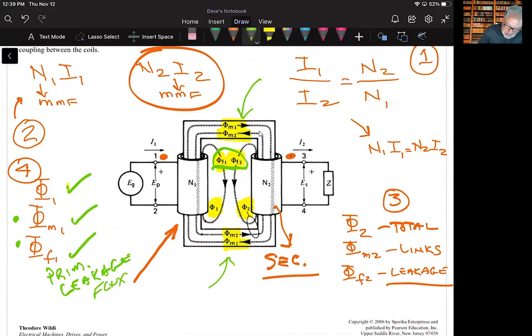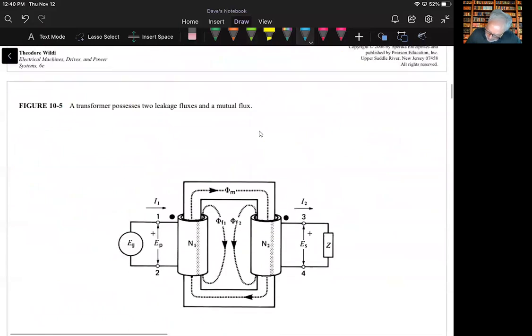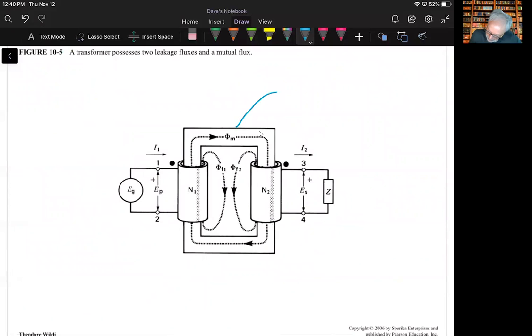Secondly, the total flux produced by I2 is composed of this mutual flux and a leakage flux, okay? Third, if we combine those two mutual fluxes into a single mutual flux, we're going to call that here, which is the combination of those two mutual fluxes.